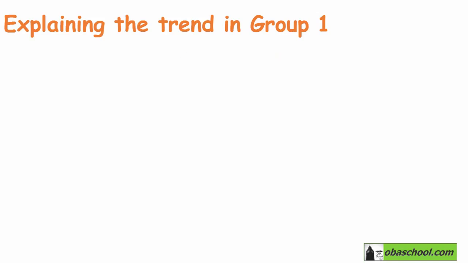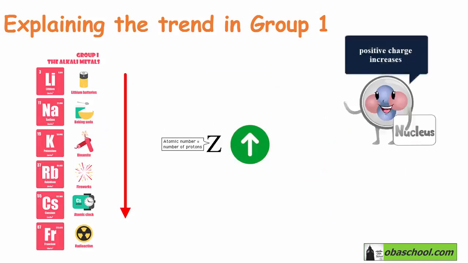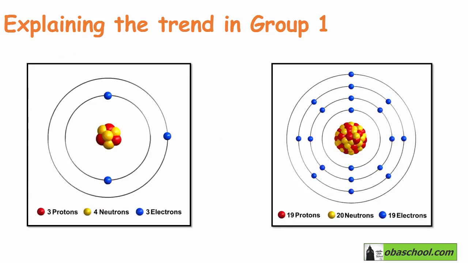Actually, you may think that as we move down the group, the atomic number increases and thus the positive charge of the nucleus will increase as well, because more protons are now present inside the nucleus. So if we want to compare the nuclear charges of lithium and potassium, here we have 3 plus and here we have 19 plus. This may suggest that the attraction for the outer electron should get stronger.